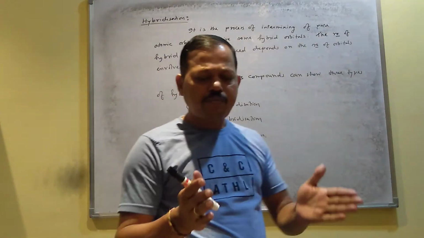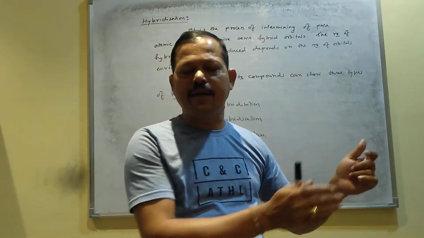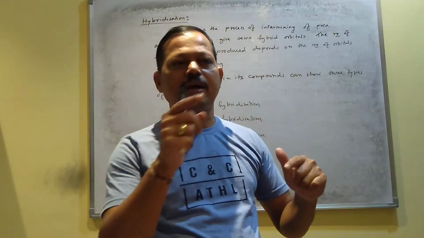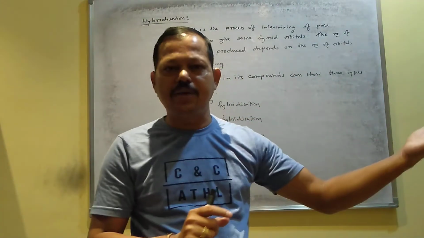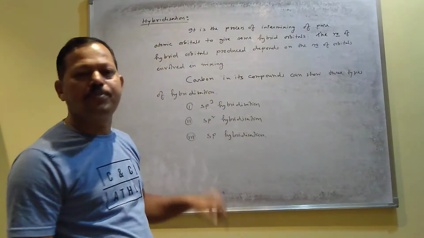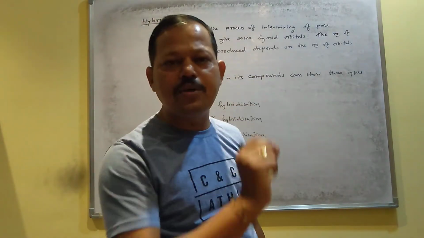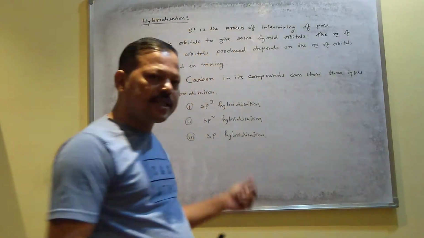You know, there are 3 p orbitals: px, py, pz. When the s orbital mixes with px and py only, not with pz, then it is said to be sp2 hybridization. Similarly, when one s orbital mixes with only 1 p orbital, then it is said to be sp hybridization.